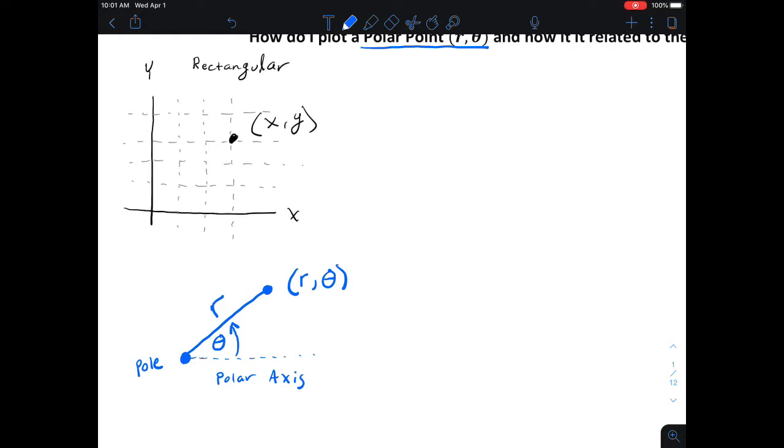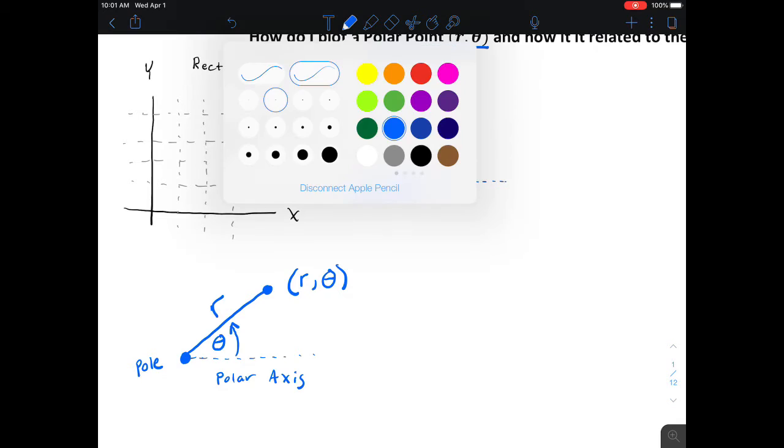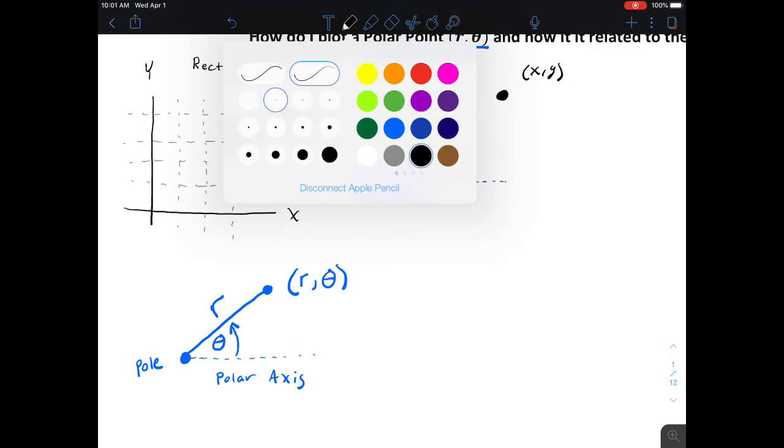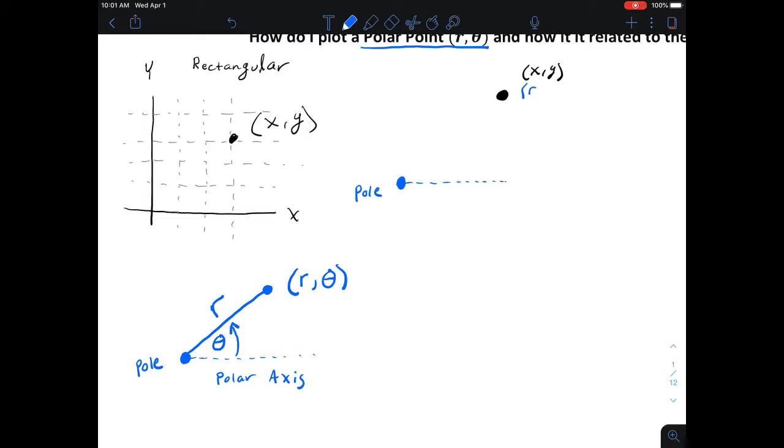Now, if I were to superimpose the polar graph on top of the rectangular graph, we would form a right triangle. So I have my pole here, and then we have our polar axis, and then I'm going to put our point that lies somewhere right here. This point is x by y, and we can also get to it by doing r by theta.